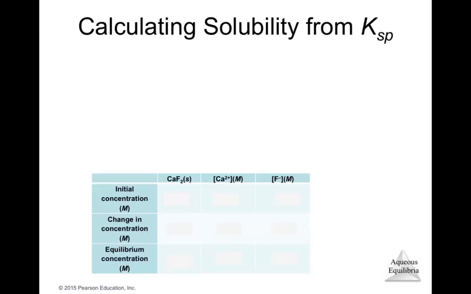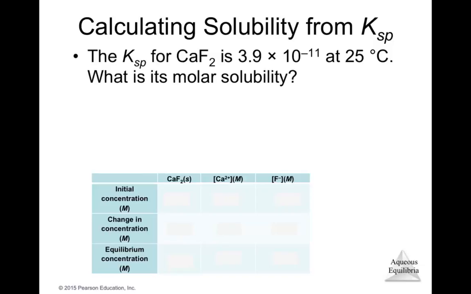Let's calculate the solubility from Ksp. The solubility product, even though it's not solubility, is going to help us determine the solubility of a compound. The solubility product for calcium fluoride is 3.9 times 10 to the power of minus 11 at 25 degrees. What is the molar solubility?